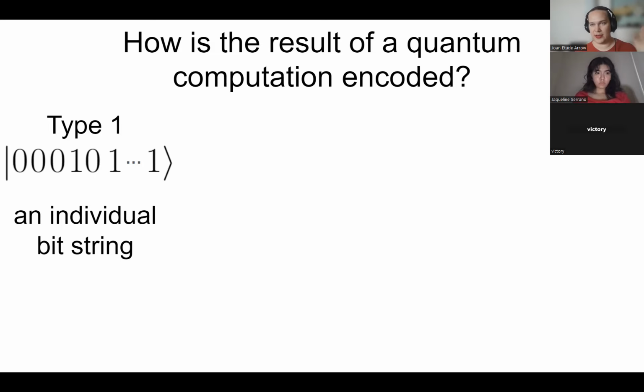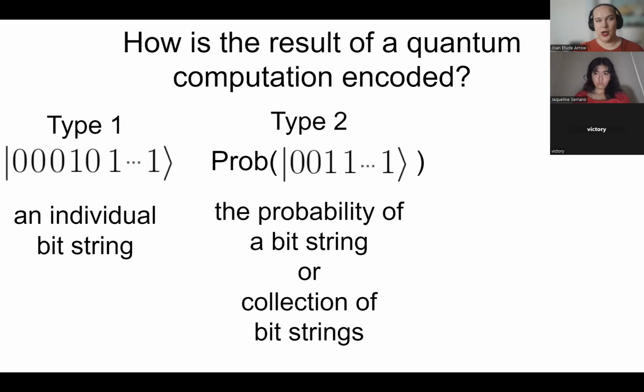And that bit string corresponds to a specific restaurant that you've encoded. So that could be one way a quantum computer tells you the answer. It just tells you one bit string with 100% probability, and all the other probabilities of the other bit strings are 0.